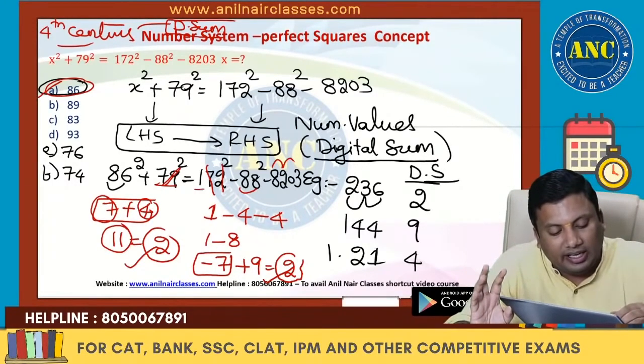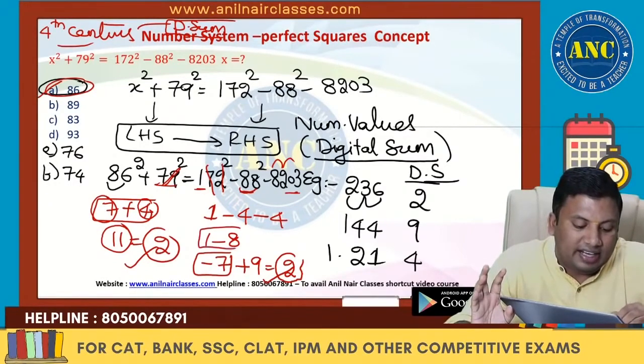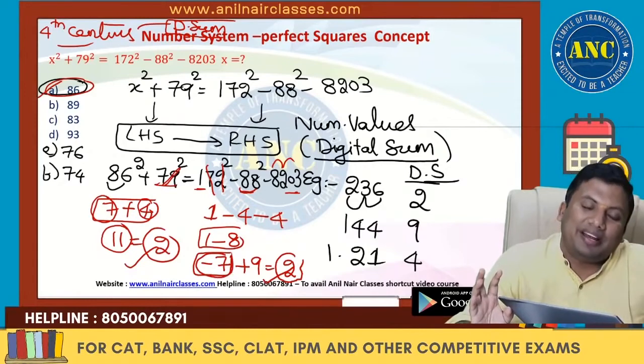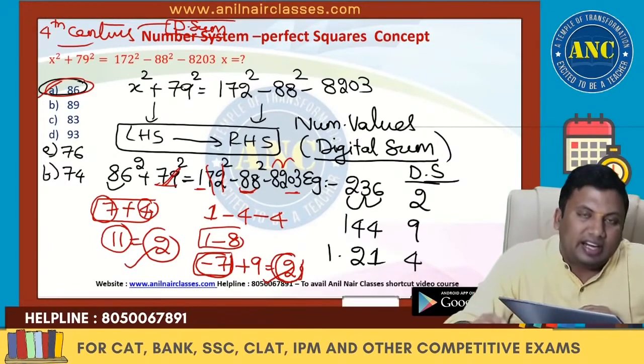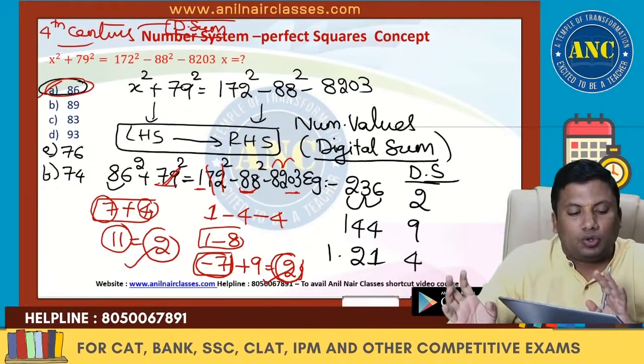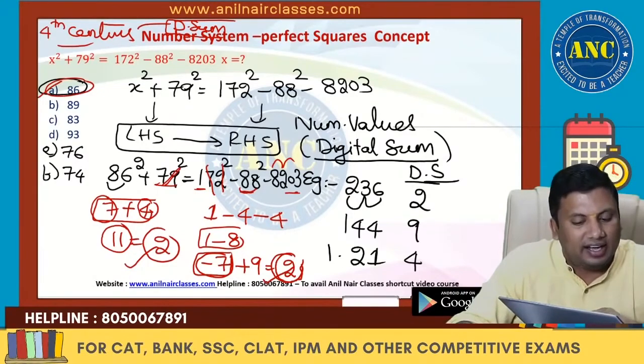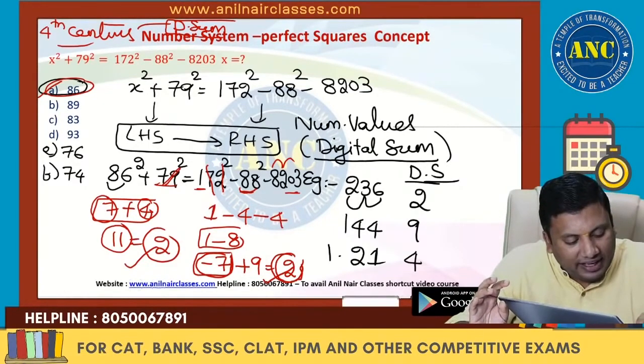Here it is 1, here it is 4, here it is 4. 1 minus 8 is minus 7. Negative remainder minus 7, positive remainder is 2. 2 equivalent to 2. It is matching. I hope it is clear. Now, suppose I take 76.